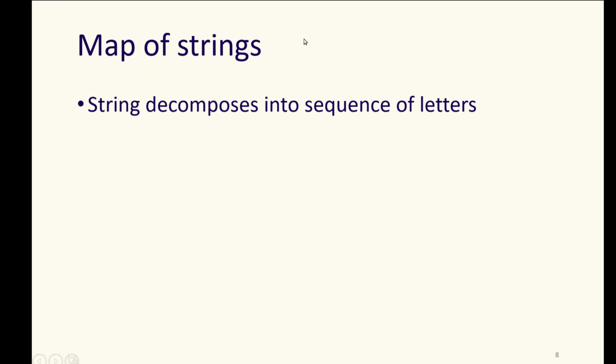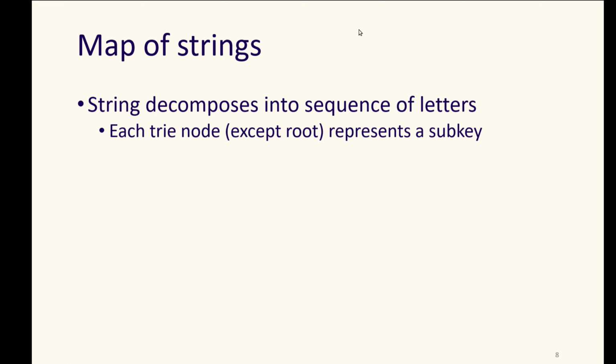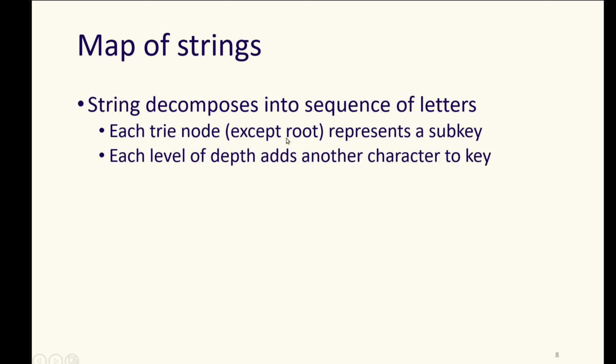So we have that map of strings that we've looked at as an example. The string decomposes into a sequence of letters, and each of those letters is treated as a subkey, so every trie node other than the root represents a letter, some subkey. Every level of depth that we step through adds another character to our key, so we can build up longer and longer words.